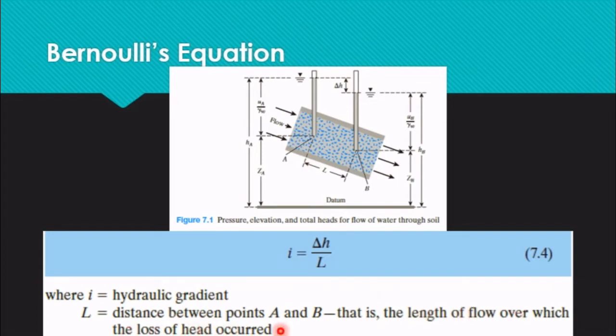And then kung mapapansin nyo, yung head o yung elevation ay mas mataas sa letter A kumpara sa point B. Ibig sabihin, mas mataas ang energy kay point A than kay point B. So, paano mo malalaman kung alin ang mas mataas? You would check the flow. Titignan nyo yung flow, kung papunta doon.